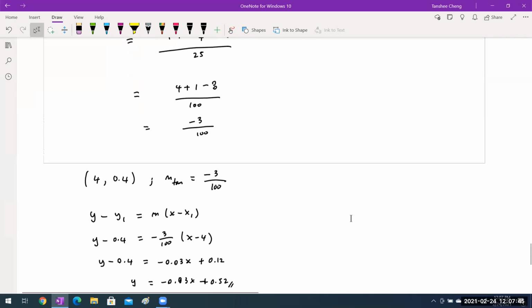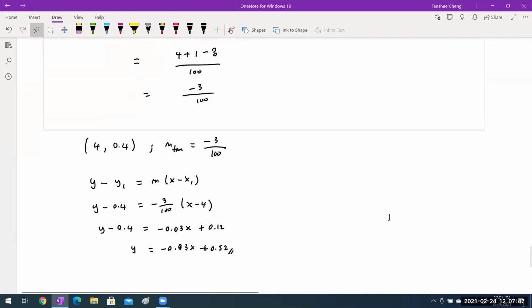Now, for the normal line, we will be talking about the same point, however the slope of the normal line is the negative reciprocal.